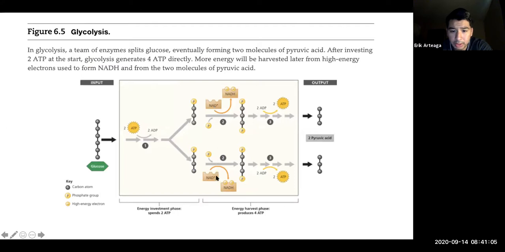This process right here, step 2, in this 3-step process, right? Energy harvesting phase here. This process here, the NAD to NADH, is going to be what allows us to gain our ATP, okay? And I know that sounds weird, right? Removing of electrons will allow for the harvesting of our ATP, okay?